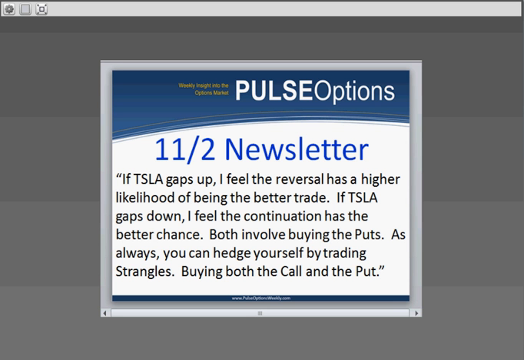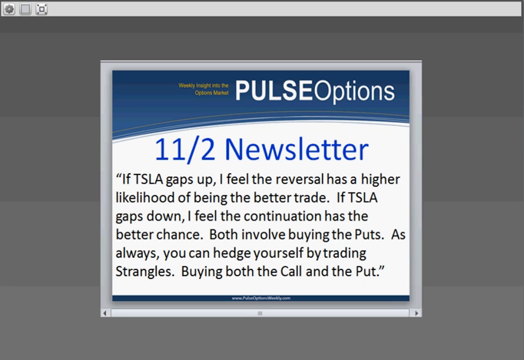I said, if Tesla gaps up, I feel the reversal has a higher likelihood of being the better trade. If Tesla gaps down, I feel the continuation has the better chance. Both involve buying puts, right? And as always, you can hedge yourself by trading strangles, both buying the call and the put.